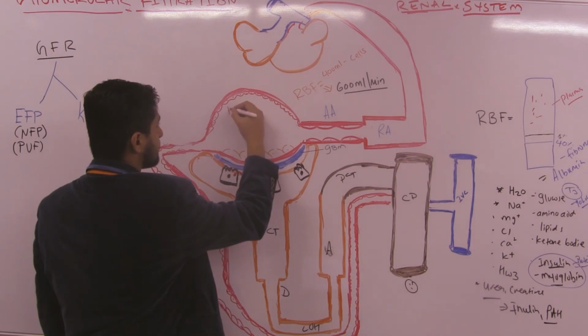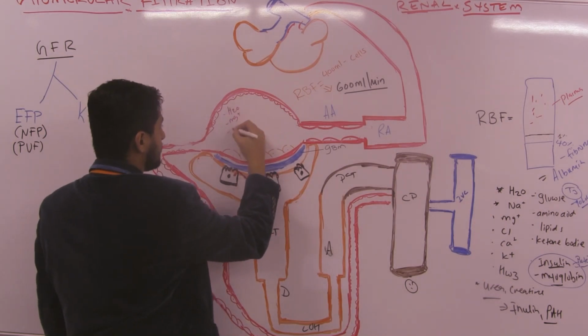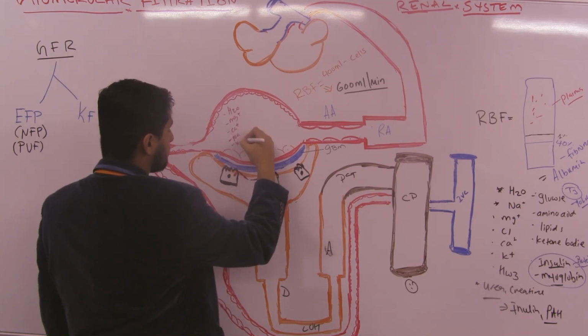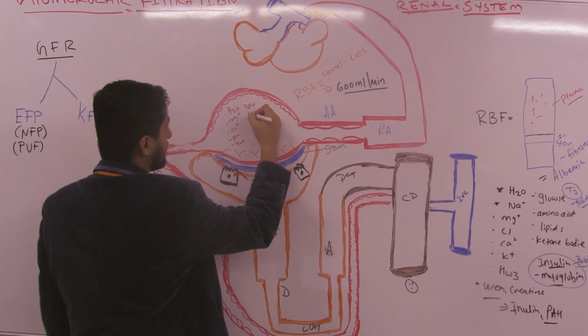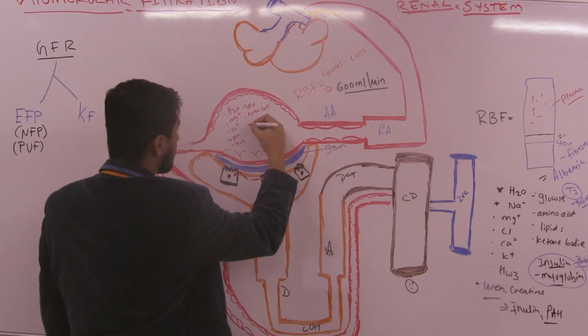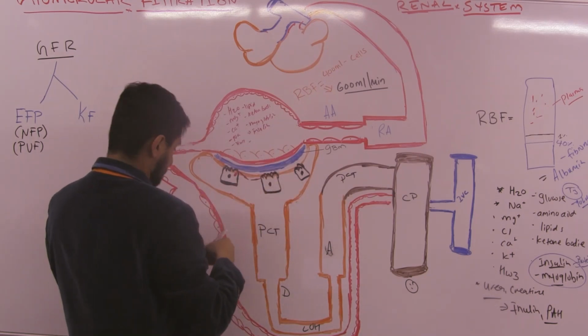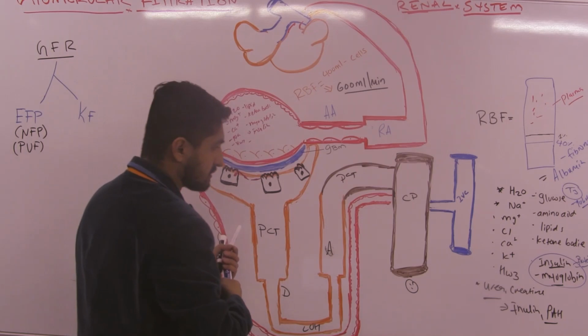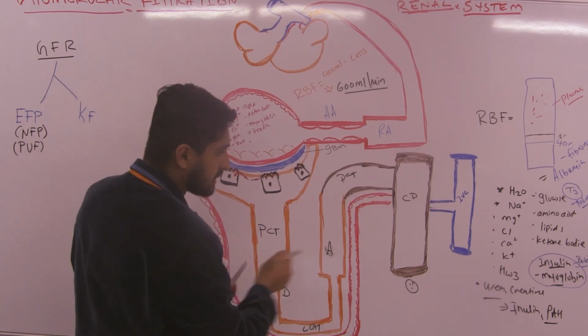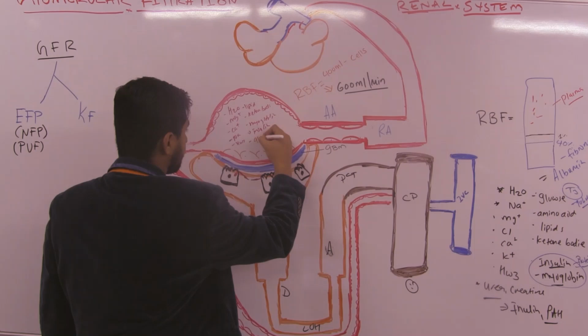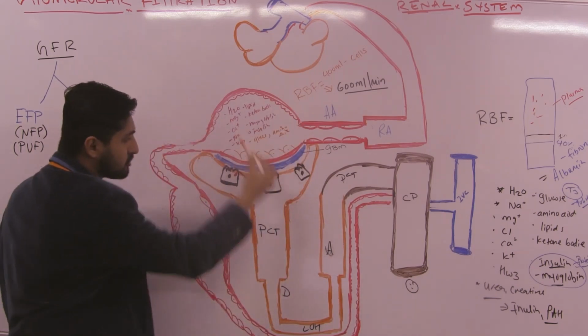This plasma consists of water, magnesium, calcium, sodium, bicarb, lipids, ketone bodies, myoglobin, insulin, and those hormones too, all that kind of stuff. And obviously we cannot forget glucose, amino acids, all of that. All these things are going to get dumped down here.